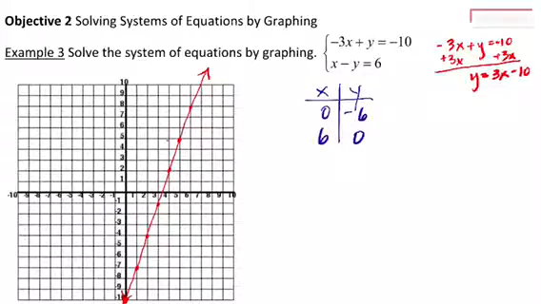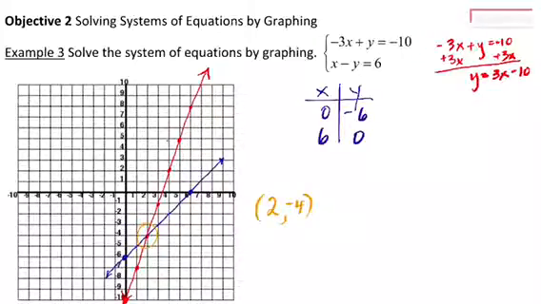So my two intercepts are (0, negative 6) and (6, 0). And as I graph that, I've got a line that looks something like that. And you can notice where the intersection is right there. And that is the point (2, negative 4).